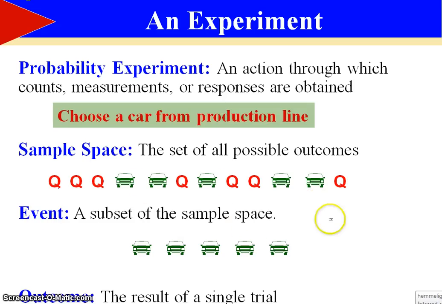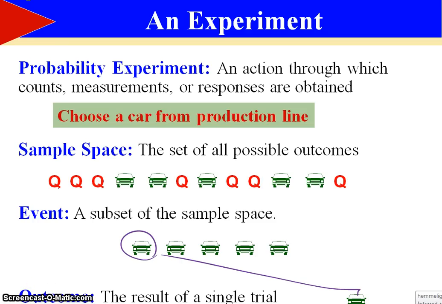So we have a few of them. That would be the event, a subset. And the outcome is which of those are taken? Well, one car was picked. So choose a car from the production line. Here's the list of cars. I'm going to pick the green cars, the event, from the sample space. And the outcome is, well, I chose this car. That is the outcome, the one you picked.